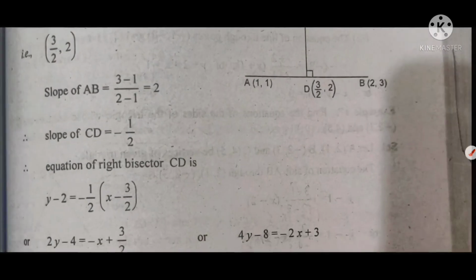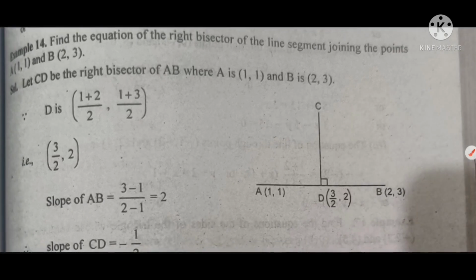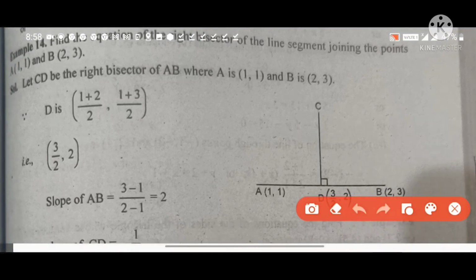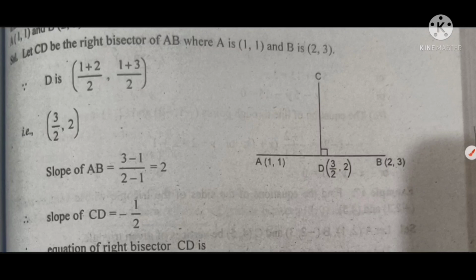Next question, find the equation of the right bisector of the line segment joining the points (1, 1) and (2, 3). Find the equation of the right bisector, that is find the equation of CD. Let CD be the right bisector of AB, where A is (1, 1) and B is (2, 3).